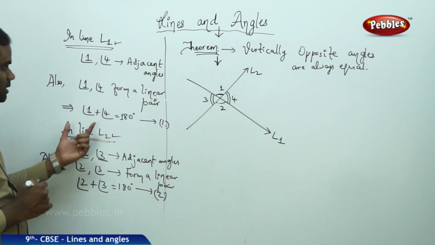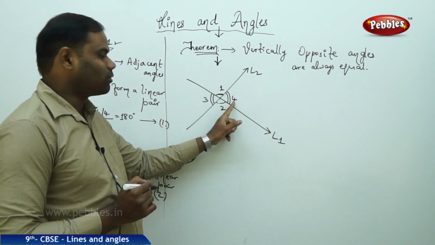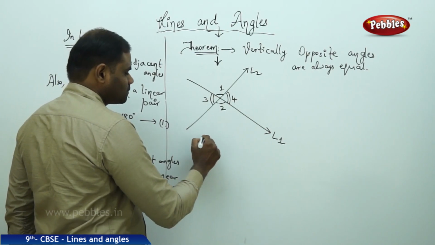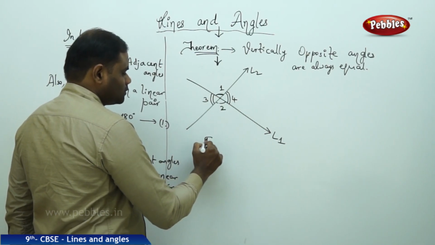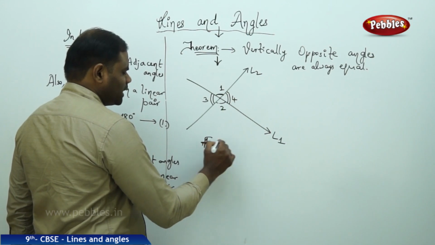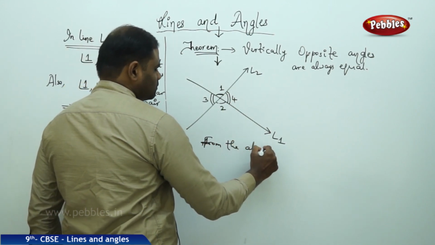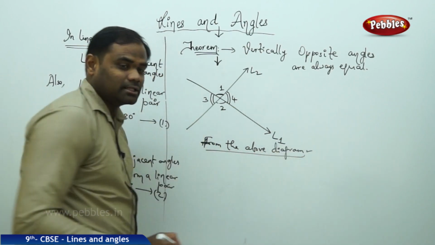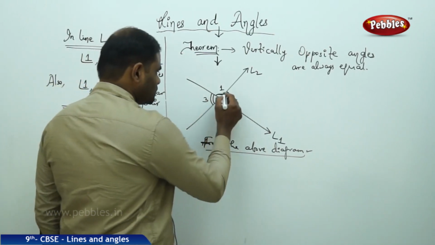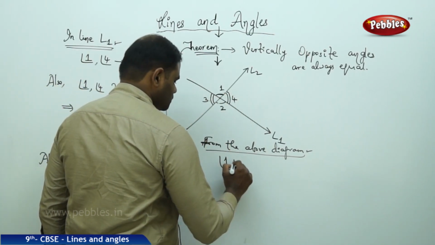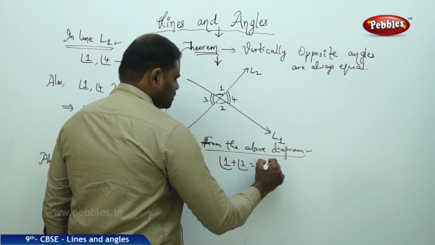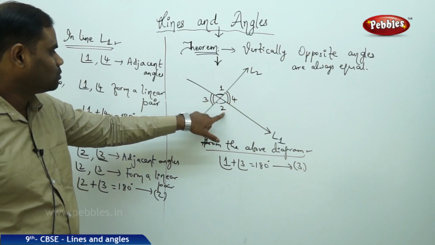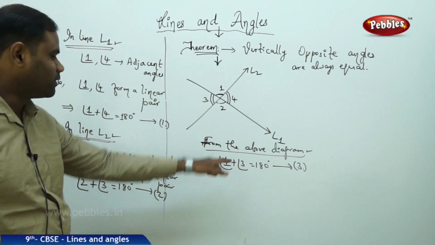Now, as we see with the first property, angle 1 plus angle 4 is equal to 180. Similarly, when I take angle 1 and 3 from the above diagram, I clearly see that angle 1 plus angle 3 is also equal to 180 degrees, and angle 2 plus angle 4 is also equal to 180 degrees.